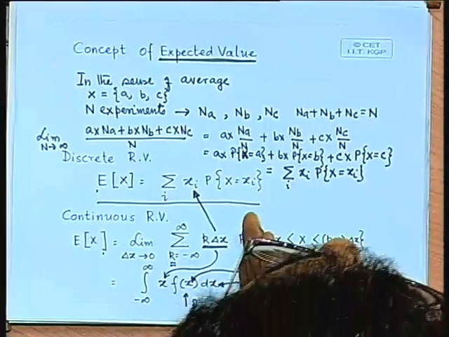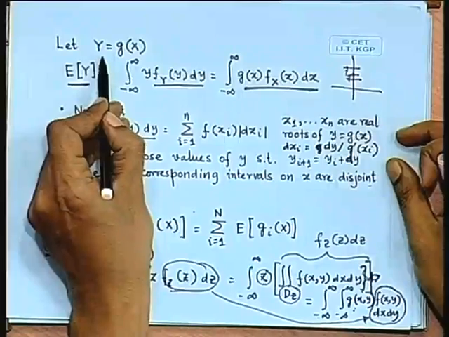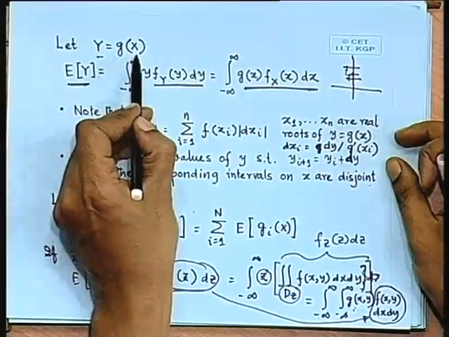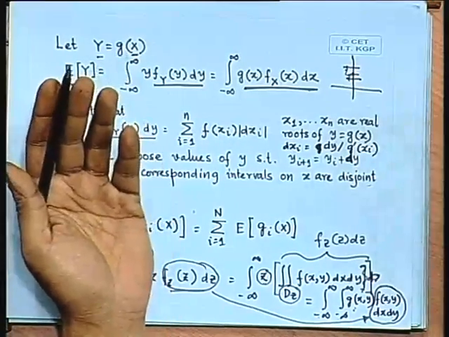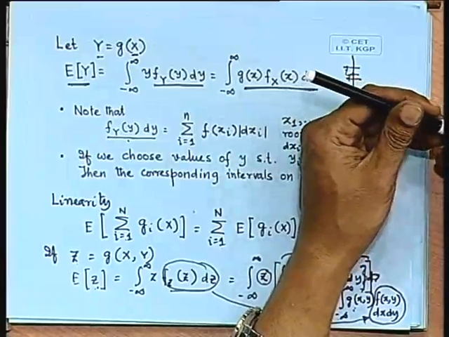Now, this is the expected value of a random variable. Suppose we have a function of a random variable, in other words, a random variable y which is a function of a random variable x. We have already seen that if y is constructed by taking a function of x, then we know how to calculate the distribution and density functions of y.